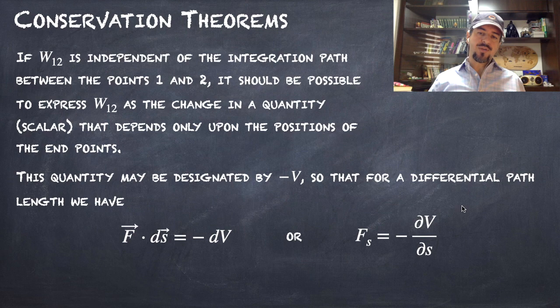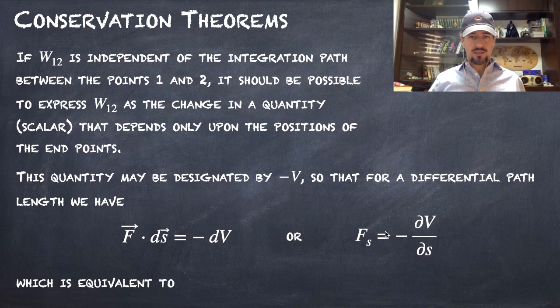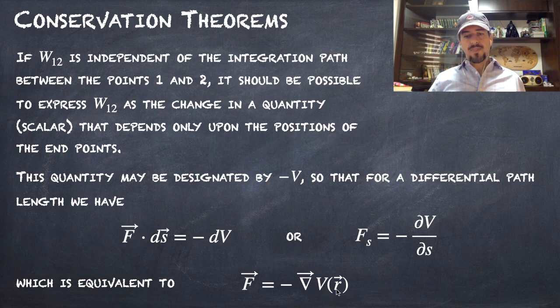or the component of the force along the displacement is going to be, like we're using here, the partial derivative, because V could, for instance, depend on other variables. So minus the derivative of V with regard to s, which is equivalent to the vector F as the gradient of this quantity V as a function of the position r.